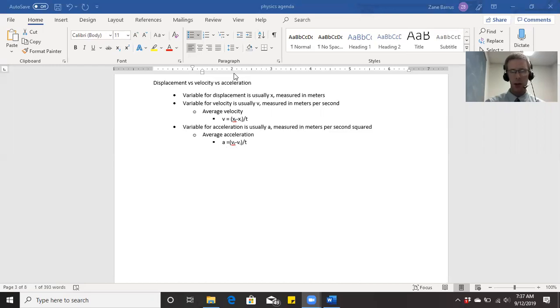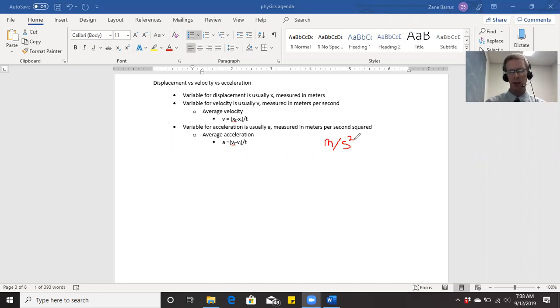Something kind of weird is the unit we usually measure acceleration in: meters per second squared. I always had a hard time wrapping my head around that unit because it doesn't really seem to mean much. At least with miles per hour, it makes sense that velocity measures how many miles you're traveling in an hour.